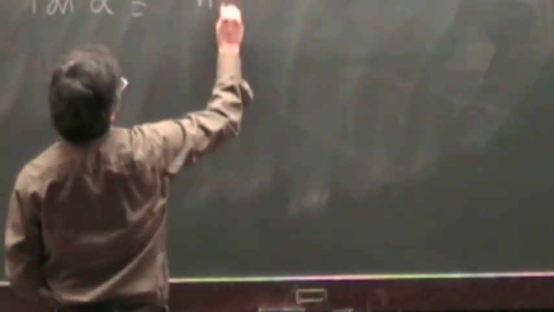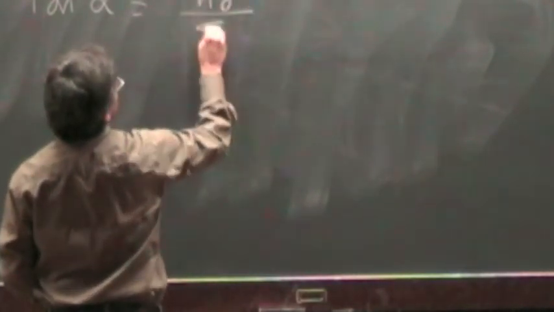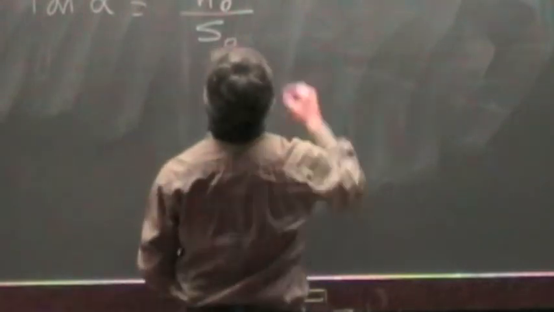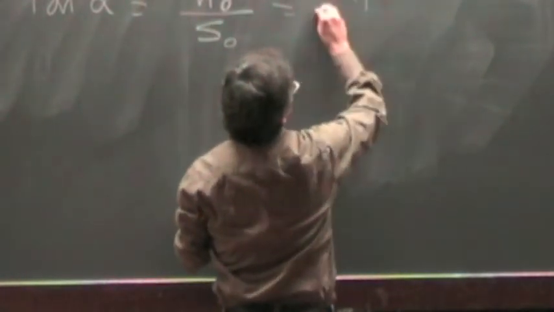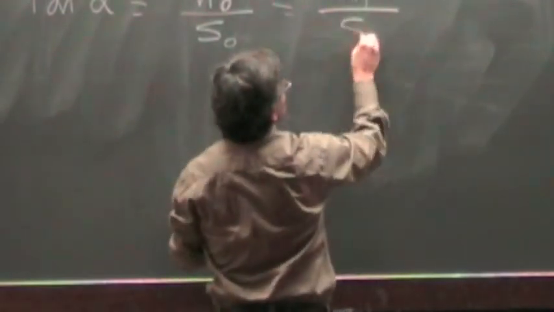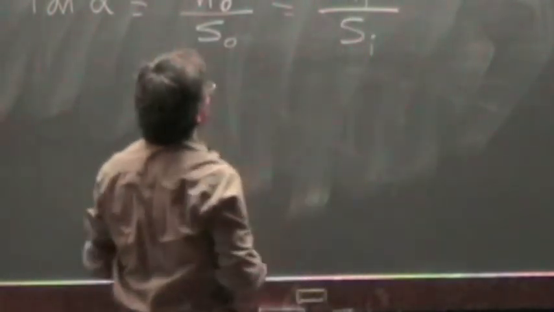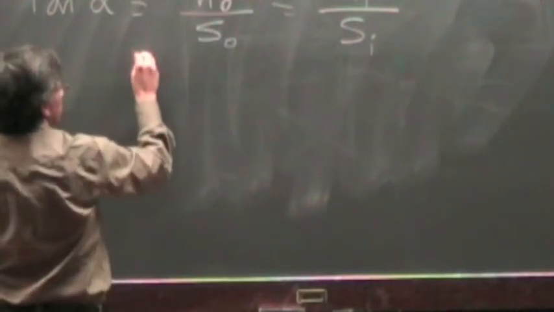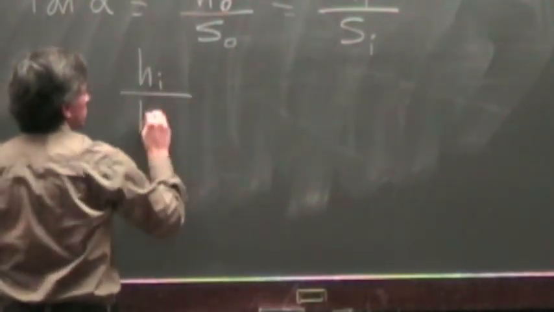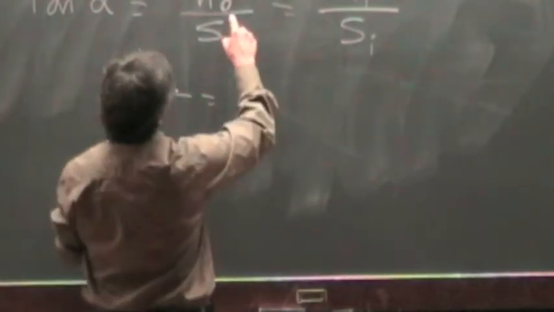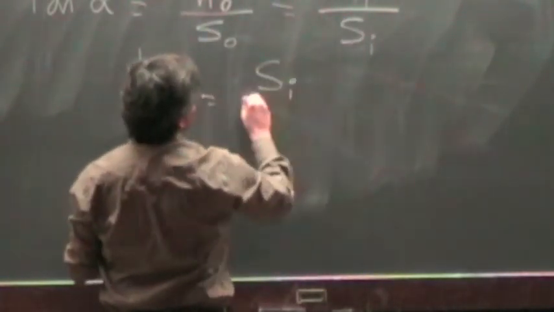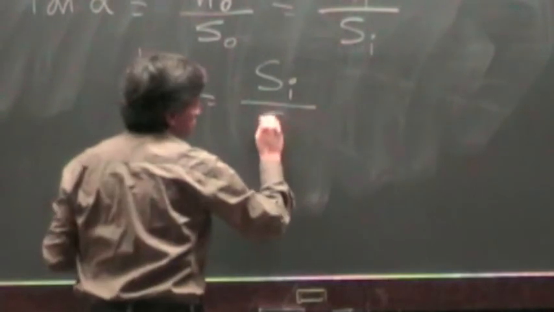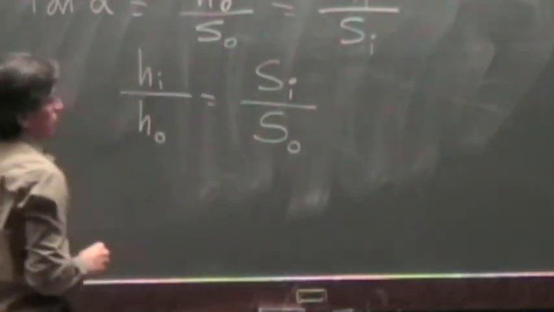The tangent of that angle alpha shown there is the height of the object divided by the distance of the object, and that angle is the same on the other side, so it's equal to the size of the image divided by the distance of the image, which means that the ratio between the size of the image and the size of the object is the same as the ratio between the distances of the image and the object.